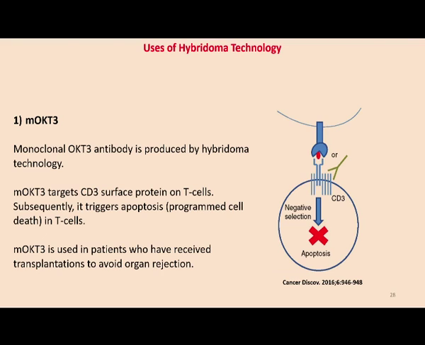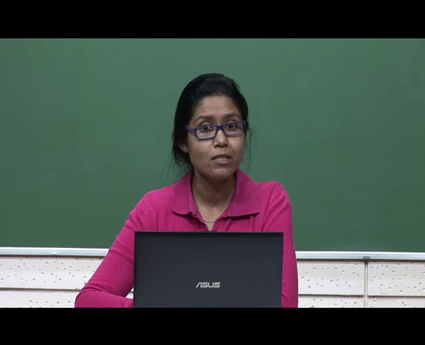So, one example here is a monoclonal OKT3 antibody, and this antibody targets the CD3 protein on the surface of T cells. So, T cells are also involved in immune response. So, we have B cells that produce antibodies, and T cells can directly attach to cells that have invaded our body and can kill them.